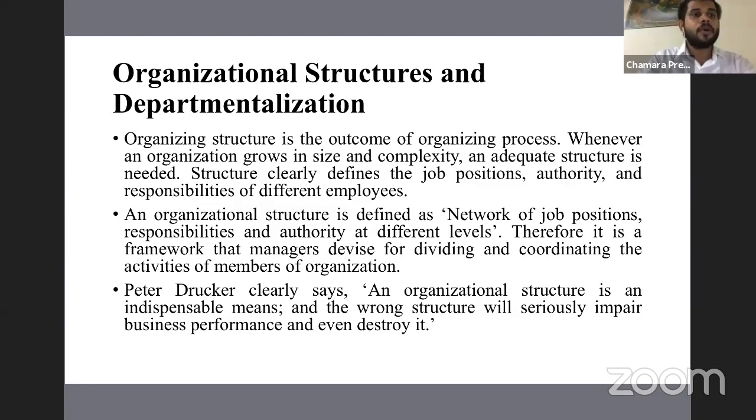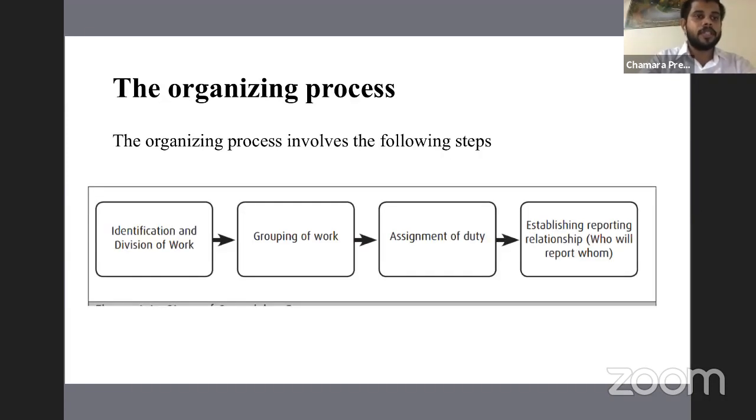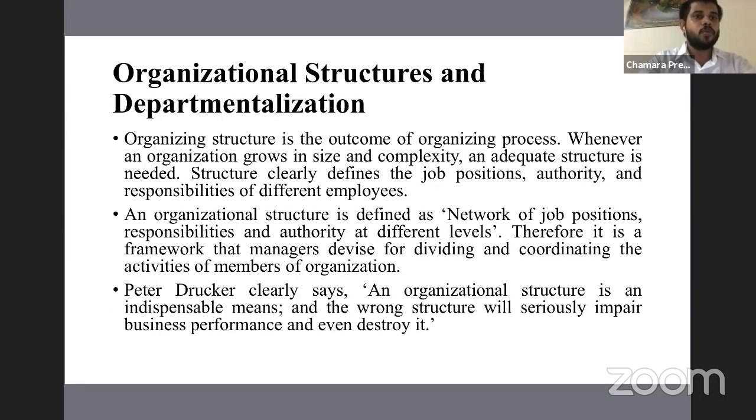So an organizing structure is the outcome of the organizing process. Once you go through this process, you come to this point, the organizing structure, that is the outcome.